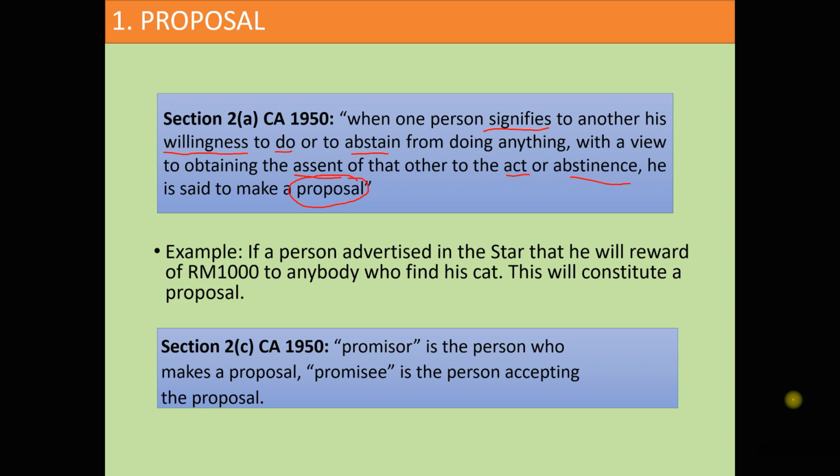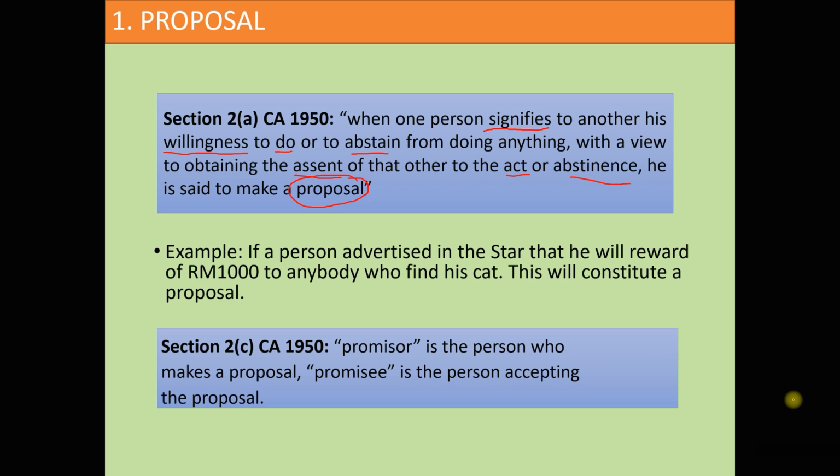Meaning to say a proposal might be not only to ask another person to do something, but also not to do. So for example, if a lecturer says that if you go to the class, I will reward you 10,000 ringgit, this is asking for doing something.